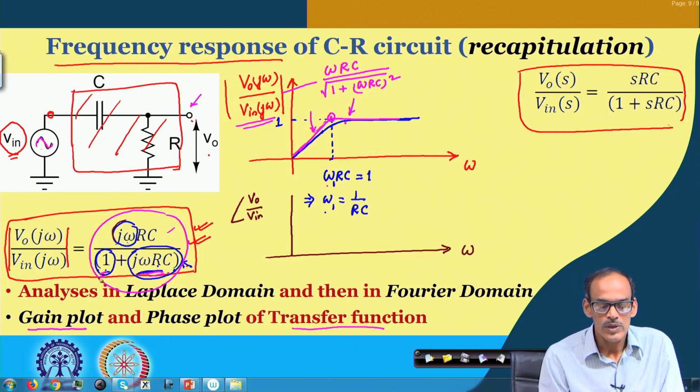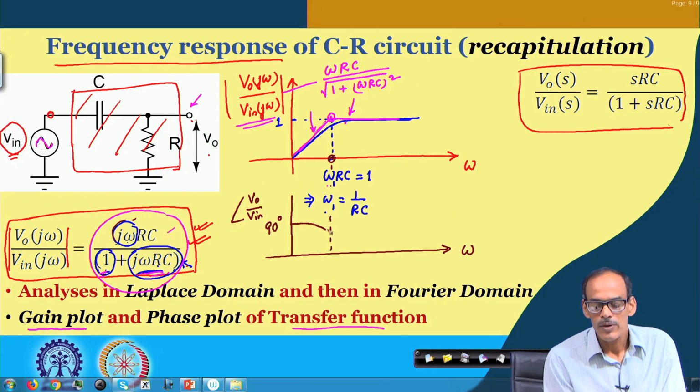At low frequency, before this omega 1 frequency, which is the cutoff frequency, the numerator primarily defines the phase, and the phase here is 90 degree plus. As we approach omega 1, the phase becomes 45 degree. So, exactly at this point it is 45 degree.